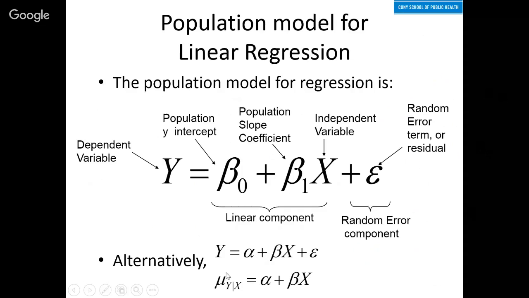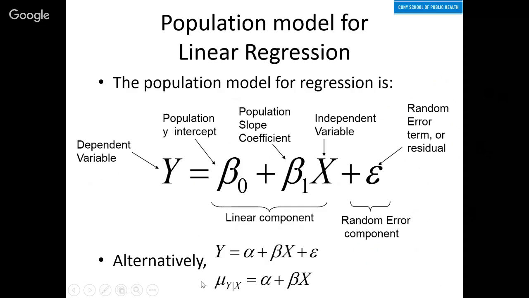But the second one is a little bit different, and this is describing just the so-called systematic component of this model. And it's saying that the mean value of Y given any value of x is described as your intercept plus your slope times x.